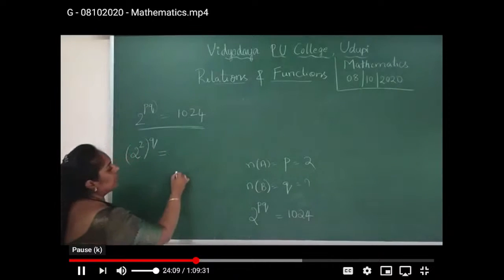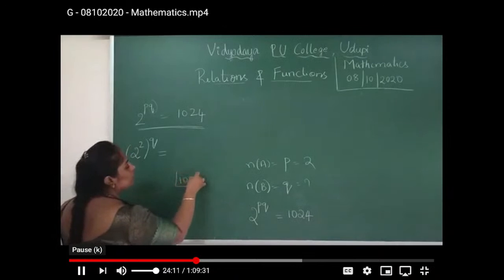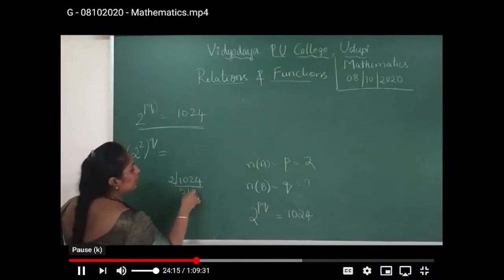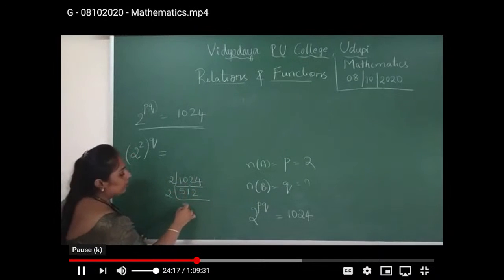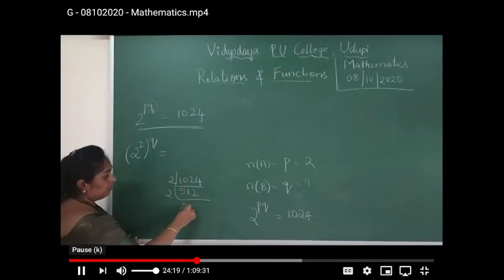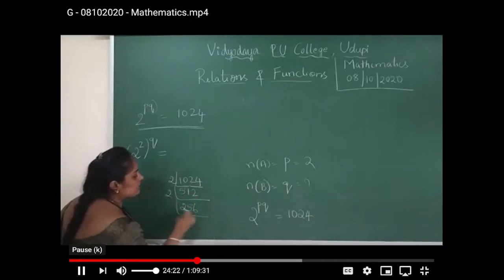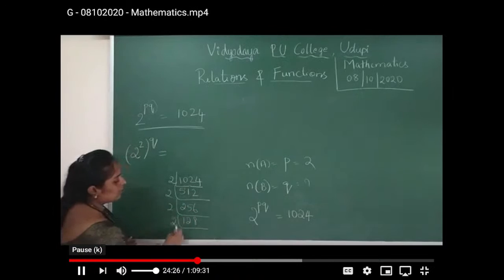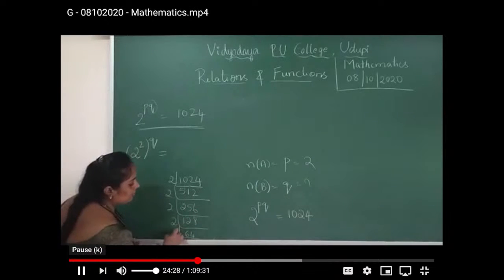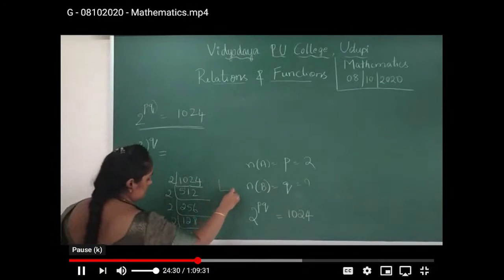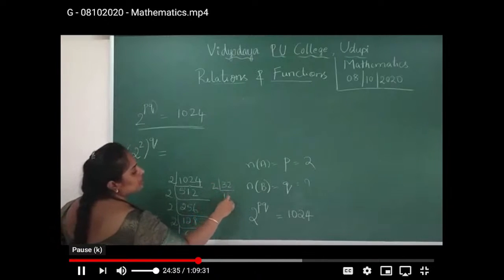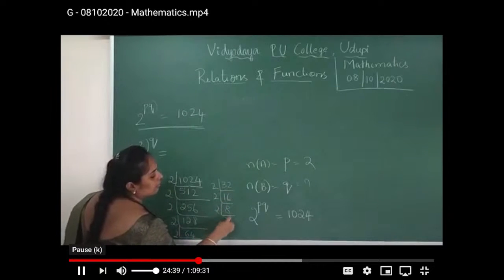That is written here. 1024 divided by 2 is 512. This will be 256, 128, and this will be 64, 32, 16, and 8, 4.